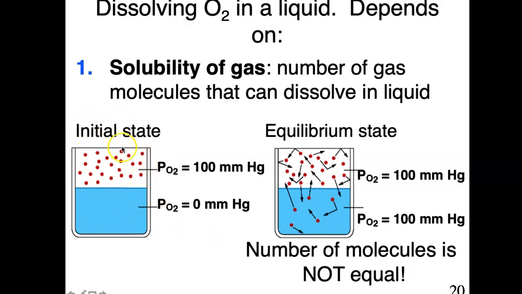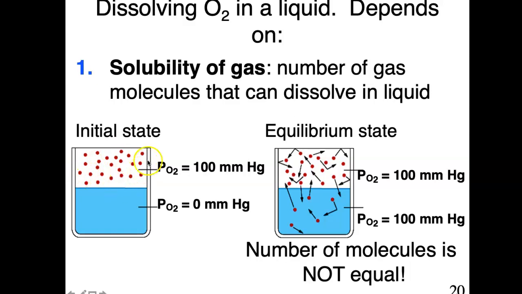This initial state, we have a fluid, let's say it's water here, and we have a number of particles here, which are of a particular gas. Here it's oxygen. And that pressure here in this container is 100 millimeters of mercury. Pressure meaning what force it exerts on all sides of this container.